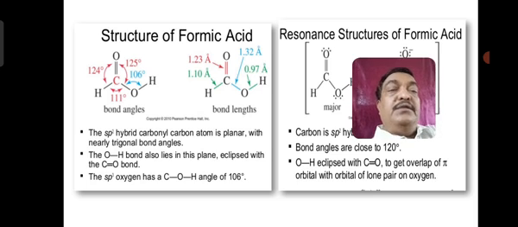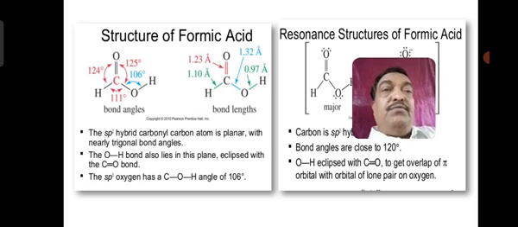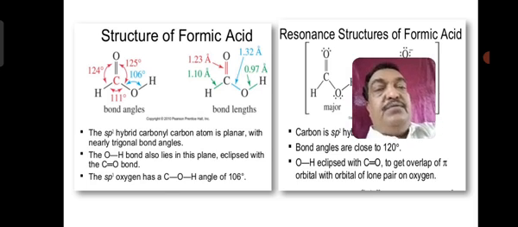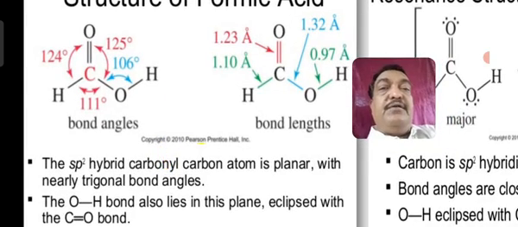Now let us see the structure of formic acid, which I have represented here as HCOOH. The bond angle between H, C and the double-bonded O is 125 degrees, O to C to O is 125, and C to O to H is 106. Hydrogen to oxygen is 110.